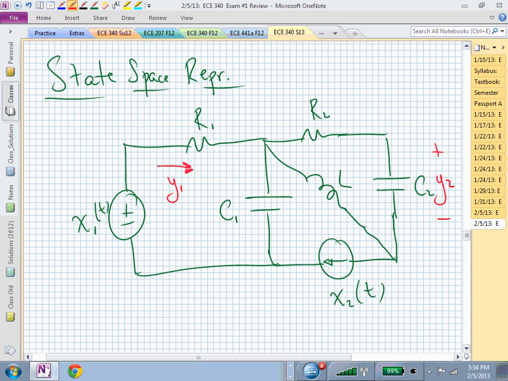In this case, if I said, how many inputs are there? 2. So what does that say about the B matrix? B is the input matrix. What does that tell you about B?